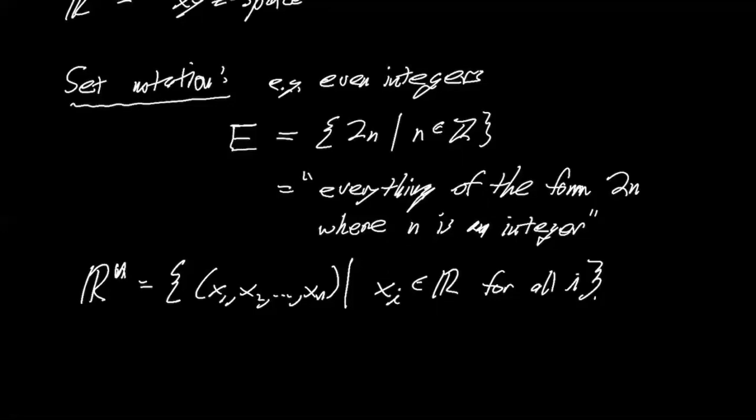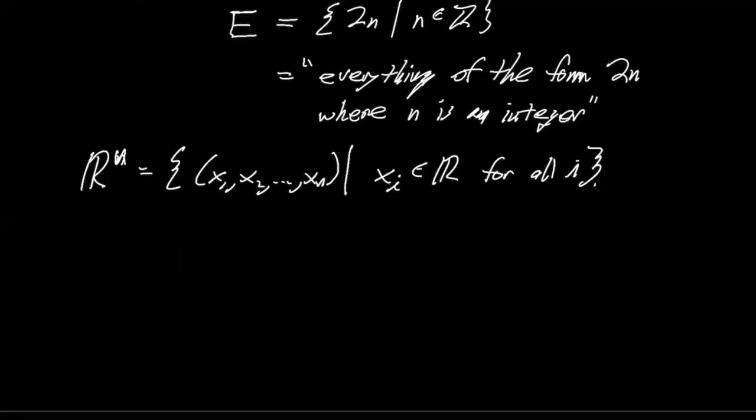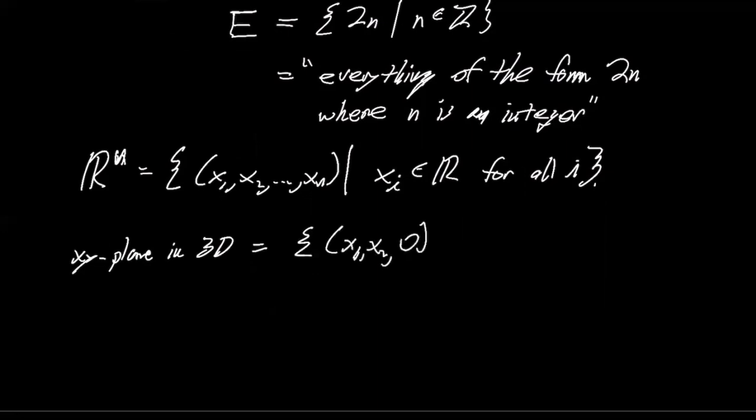If I wanted, say, the XY plane in three-dimensional space, you could also do something like that. You could say the XY plane in 3D is the set of x1, x2, 0. It's really the x1, x2 plane, I guess, not the XY plane, but you get my drift, where x1 and x2 are both real numbers.